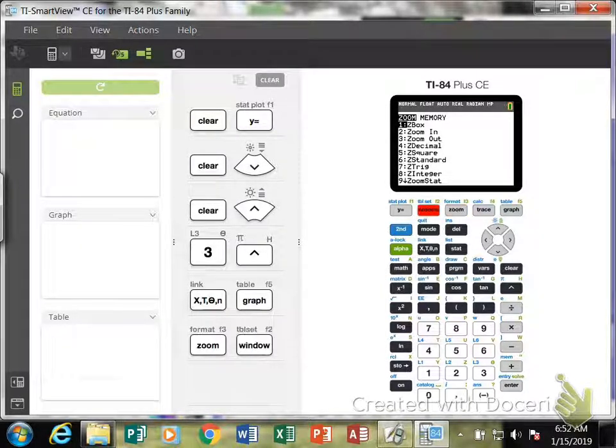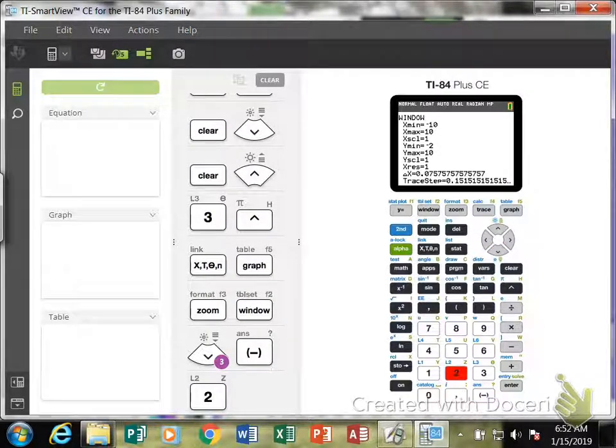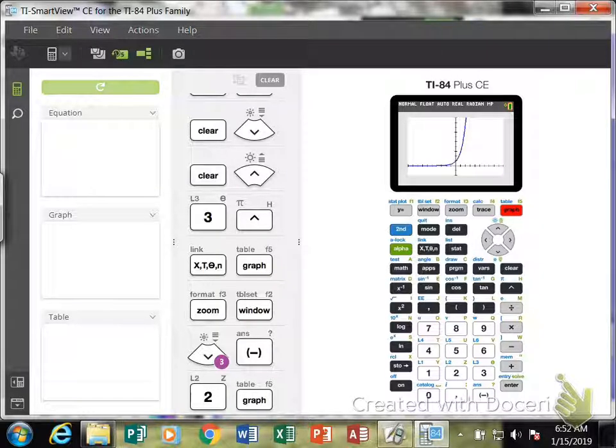If I go into my window and change my y min from -10 to -2, and we'll keep 10, that's fine, and hit graph again, it still looks like that, but it doesn't actually get to the axis. It's very, very close to it, but it doesn't touch. All right, so there's our graph.